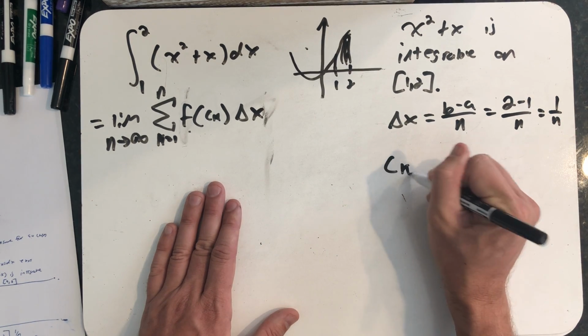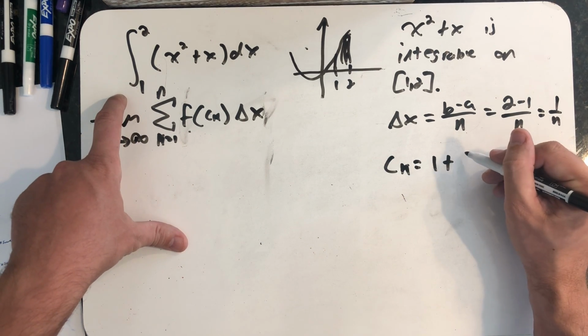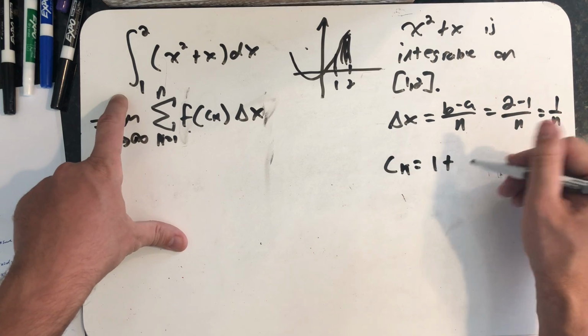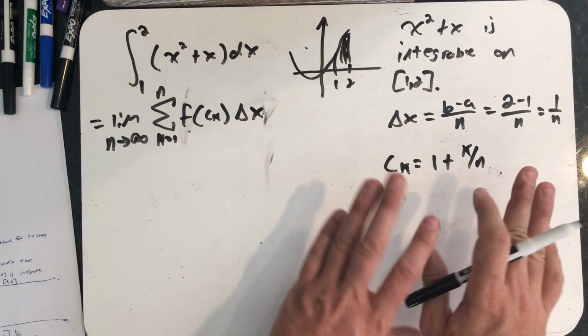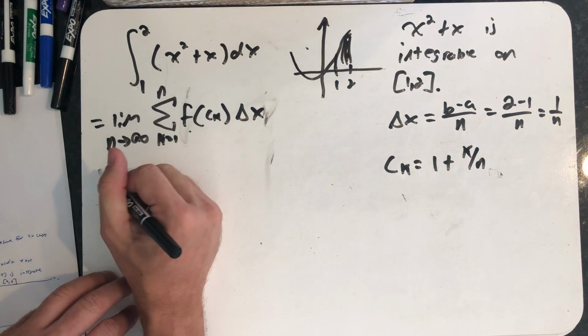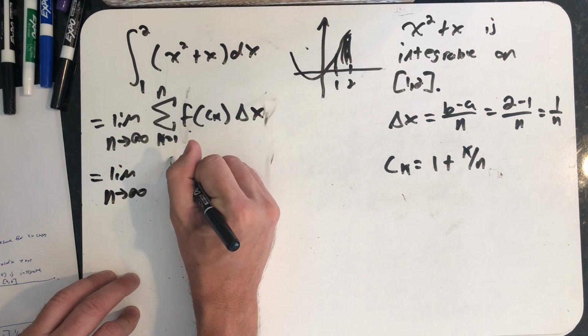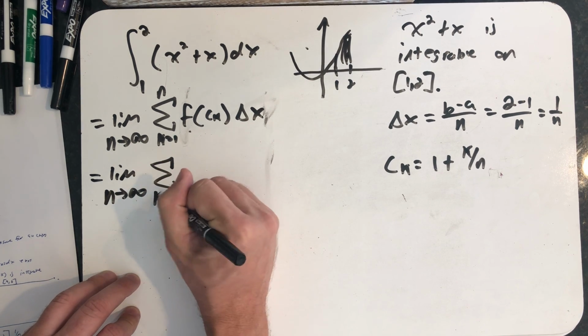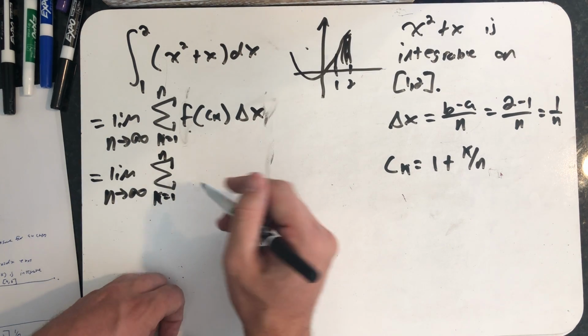And I'm going to use the right-hand endpoints because I'm comfortable with those, and we've done a bunch of examples, and I know those right-hand endpoints would be a plus k times delta x. So I have delta x and I have my right-hand endpoints, and now I'm ready to work with my sum and see if we can't find the value of this definite integral.